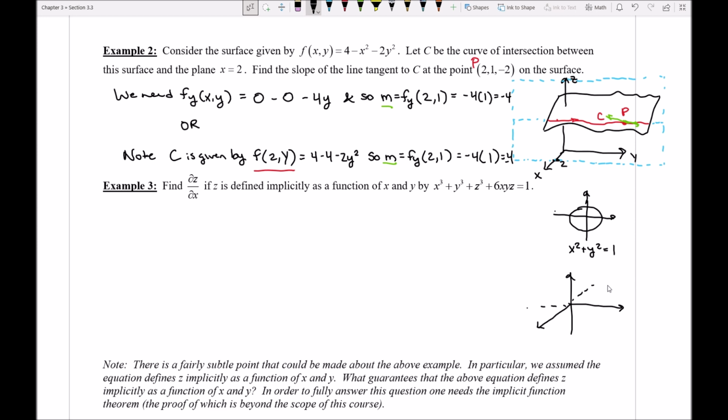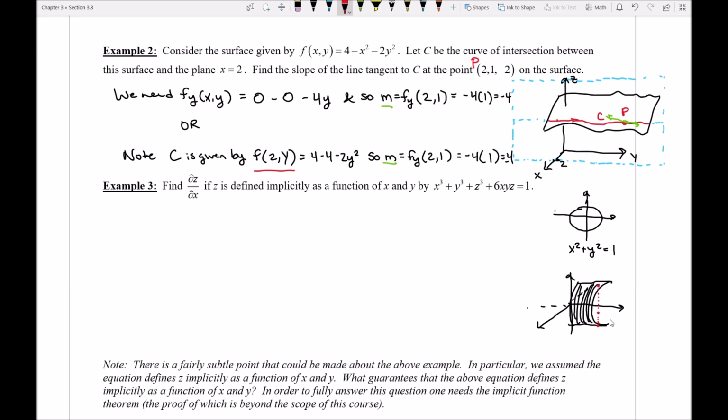But what if I had a surface that folded in half on itself? I'm going to imagine a surface like this. You could imagine that at some points, when I pick a particular xy, that might correspond to a z above it and a z below it.